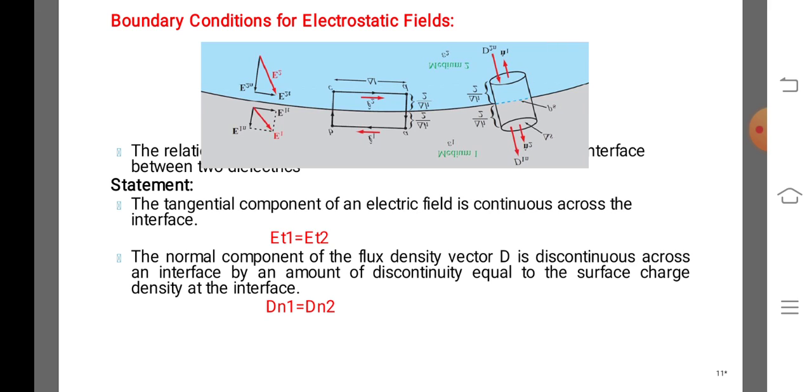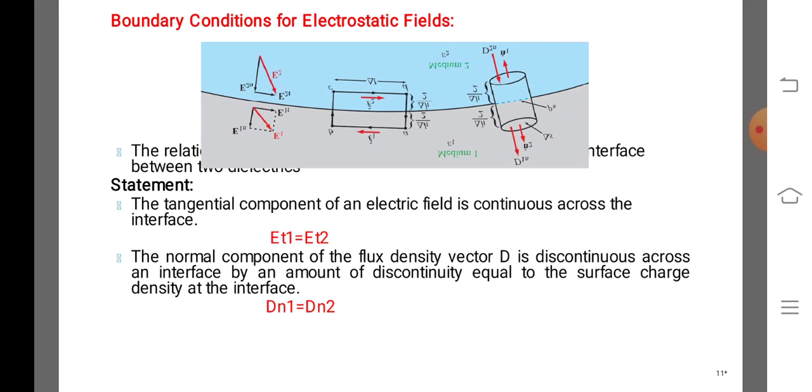These conditions are helpful in determining the field on one side of the boundary if the field on the other side is known. Depending upon the types of material, the media are made of dielectric epsilon R1 and dielectric epsilon R2. Second is conductor and dielectric. Third is conductor and free space. So these three combinations determine the boundary condition.